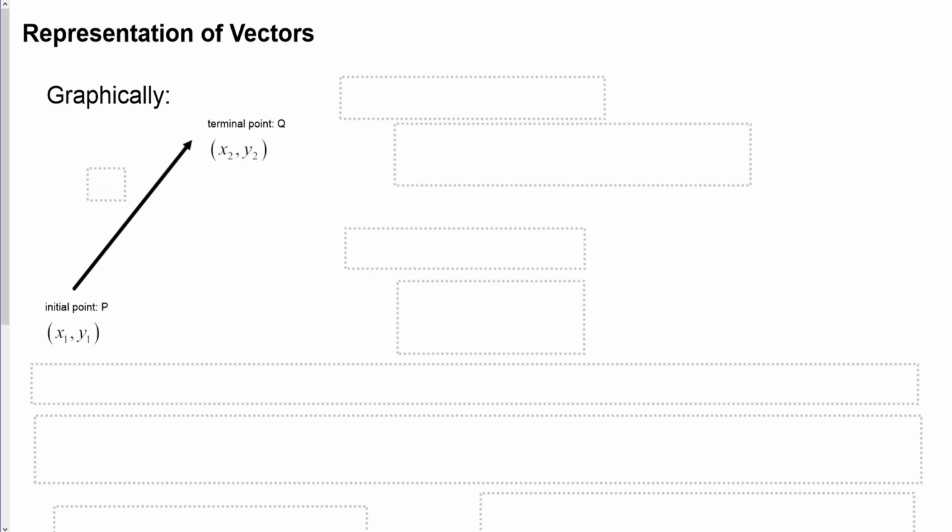And you can label the vector with the notation of putting your initial point first, then your terminal point, and an arrow on top of the letters. So vectors represent magnitudes and direction.